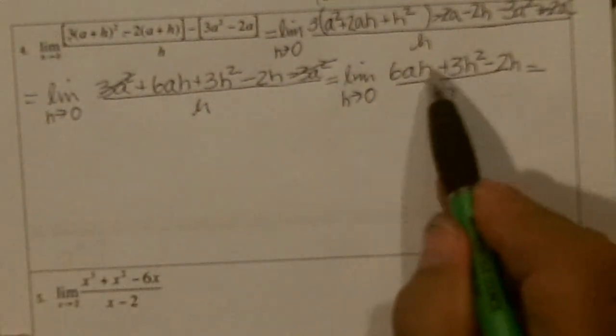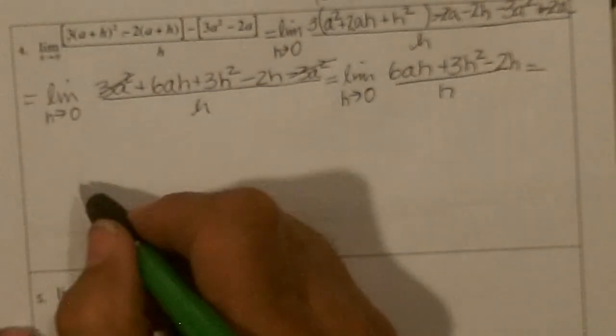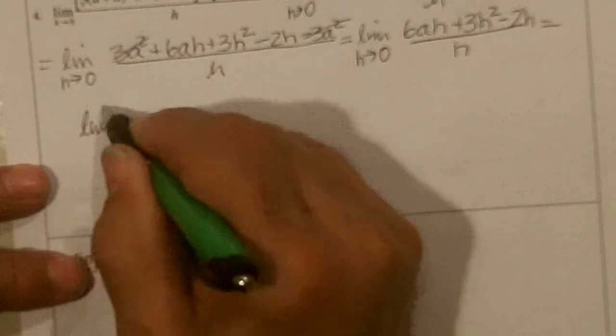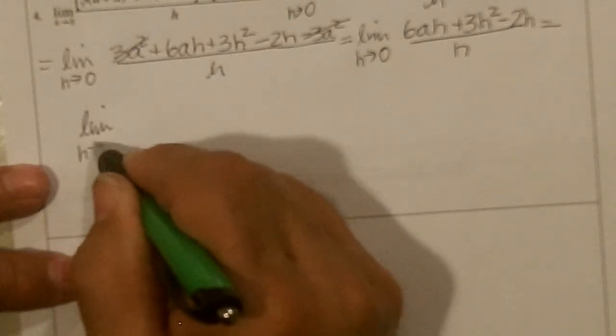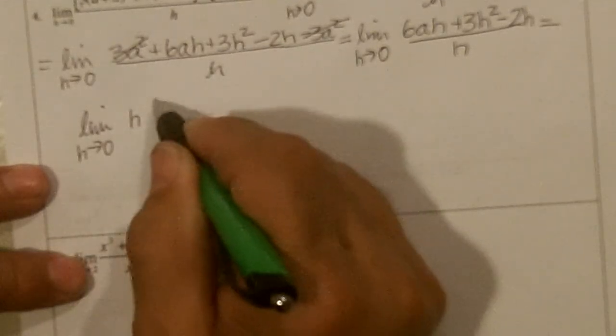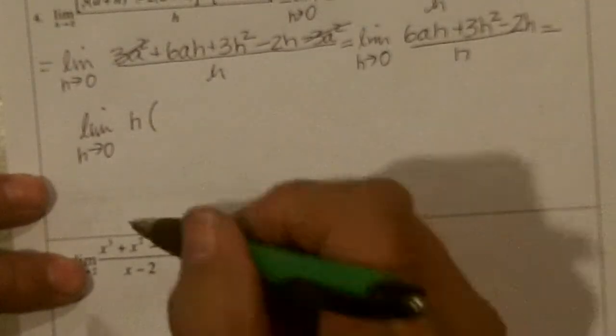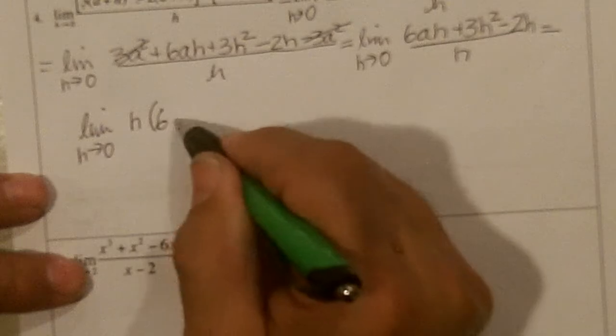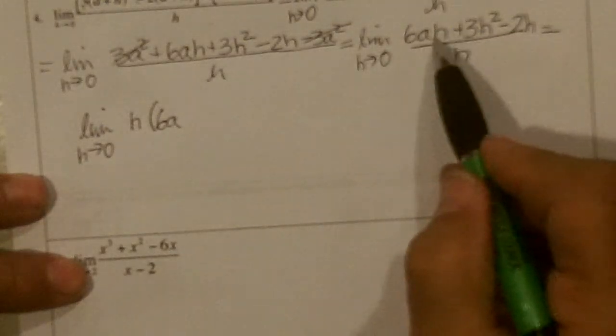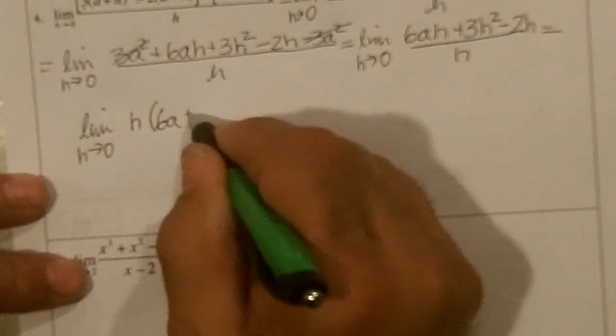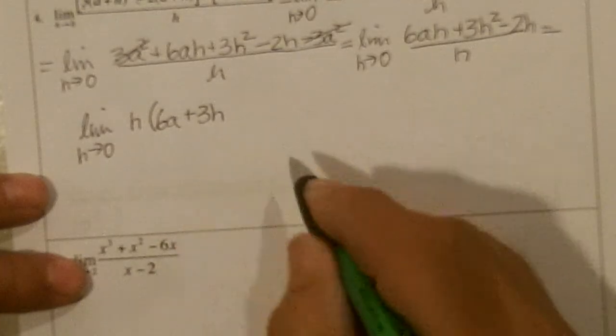The numerator now has an h in each one of these, so I factor it out, and so I get the limit as h approaches 0 of h times. H times 6a makes 6ah, so it's 6a. H times 3h makes 3h squared, so that's plus 3h.